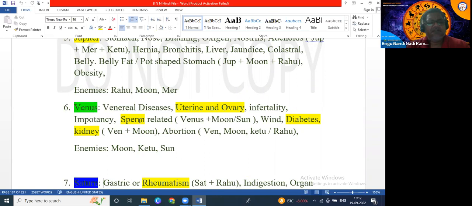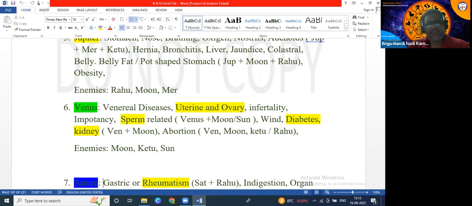And now when it comes to Venus, Venus is venereal diseases. Generally, Venus and Moon, Rahu, this combination, Venus and Moon, the native will have Aved Sambandha, illicit relations. So that's why the native will definitely get venereal diseases and uterus and ovary problems. Generally, in a female kundali, Venus is conjoined with Moon, Ketu, Sun.